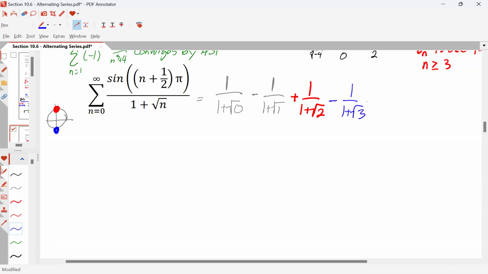So plugging in those values, we see that n plus 1/2 times pi is the inputs that make sine switch back and forth between 1 and -1. So this series is the same as -1 to the n over 1 plus the square root of n, starting from n equals 0 to infinity.